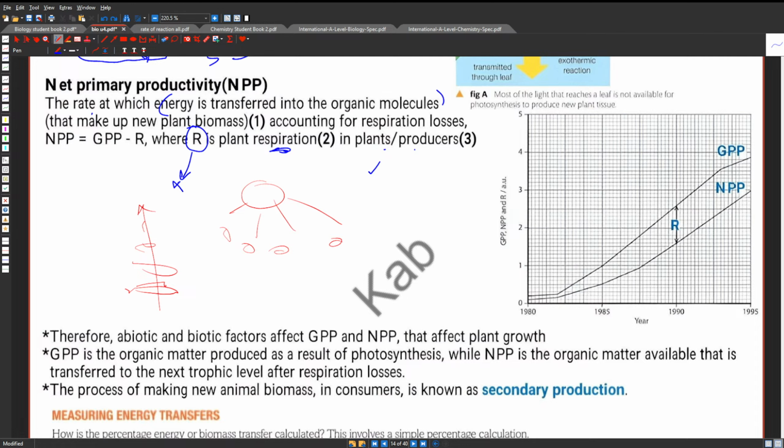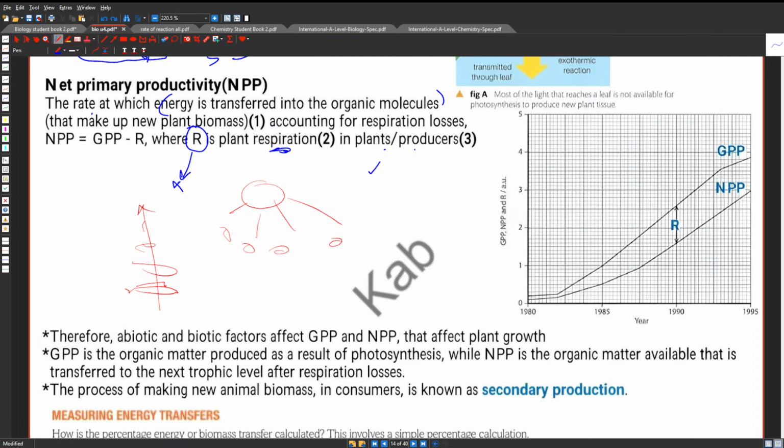It's the leftover stored organics that primarily make it to the next trophic level.